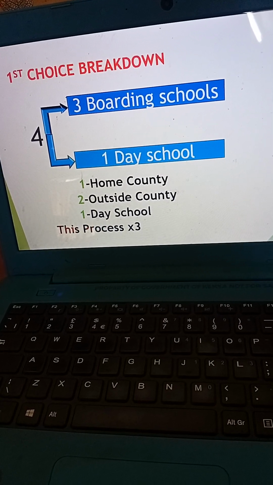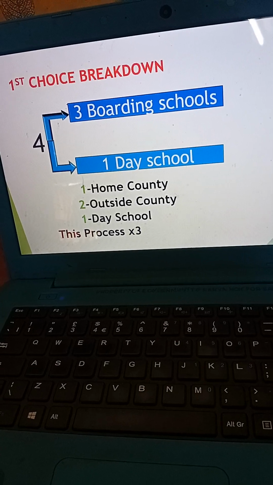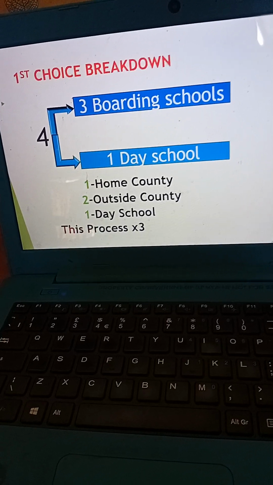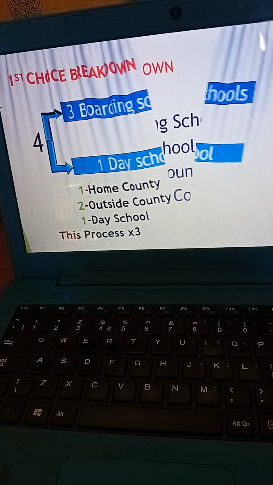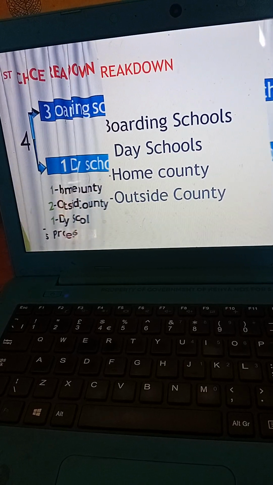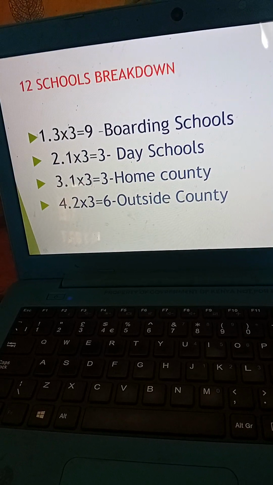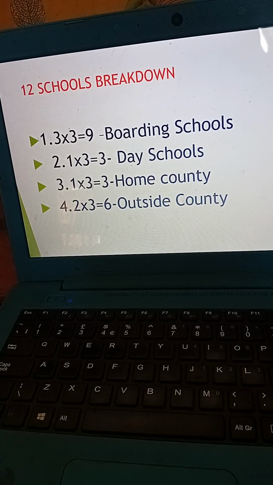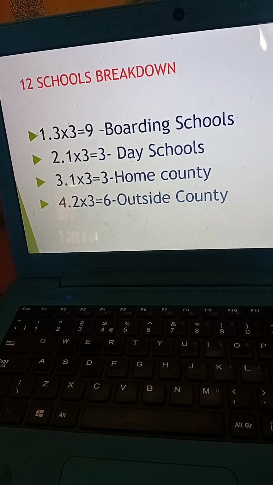So we have 1 county, 2 outside, and 1 day school. This process you repeat 3 times. This information is just the same as the one on the previous slide.